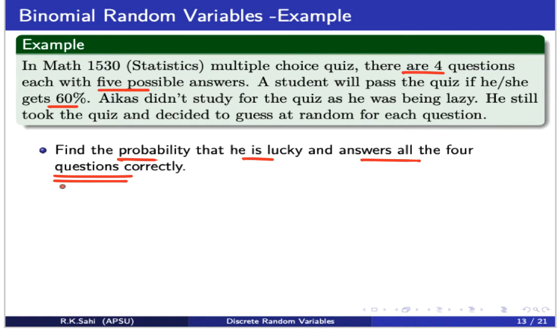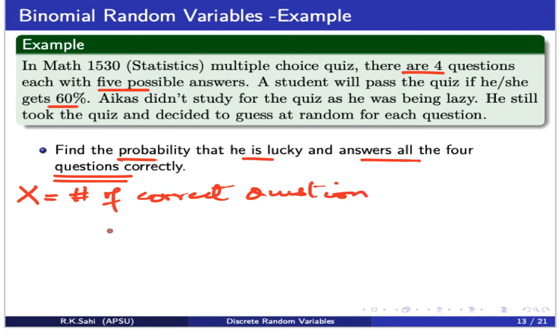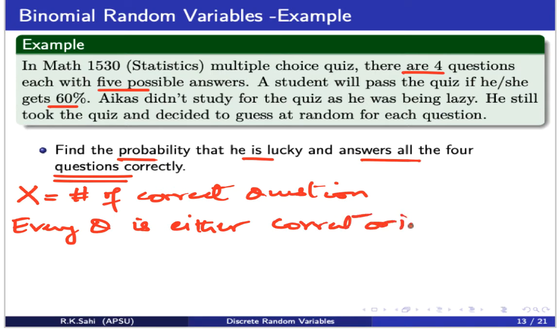So let's look at this one. All the 4 questions correct. When you look at this problem, our random variable is the number of correct questions. Every question has 2 possible scenarios. Every question is either correct or incorrect.